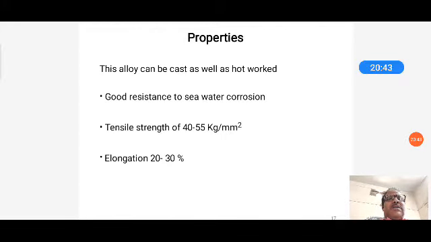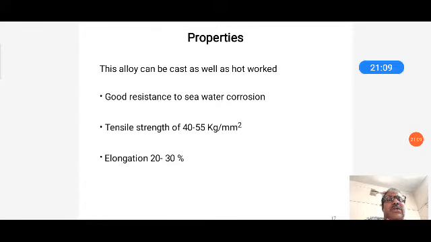They have good resistance to seawater corrosion. That means good corrosion resistance. And the tensile strength of these brasses is nearly 40 to 55 kg per mm square. And also elongation, that is the ductility, is 20 to 30%.